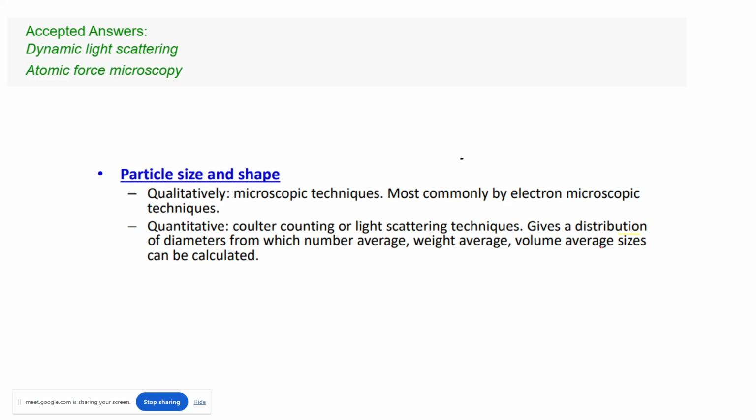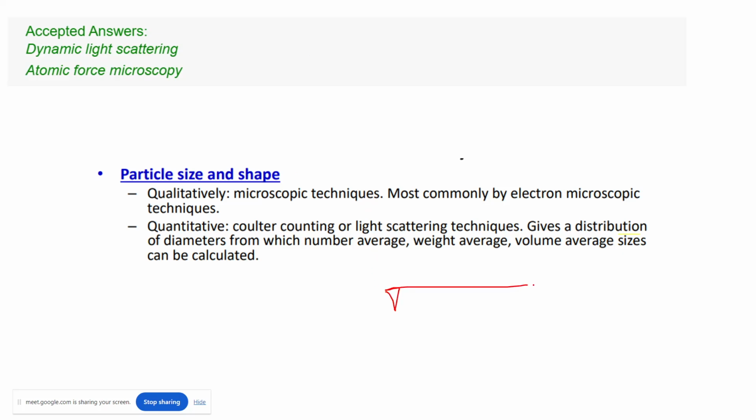And in atomic force microscopy, there is a small probe or tip that interacts with the particles. If you have particles layered over a slide or a surface, it scans the surface, and based on the interaction of the tip with the particles, it gives you information about whatever is on the surface.